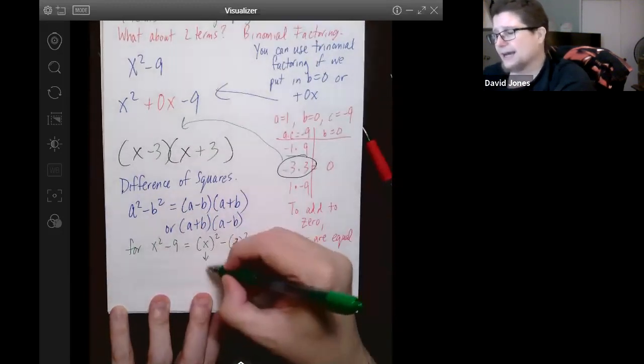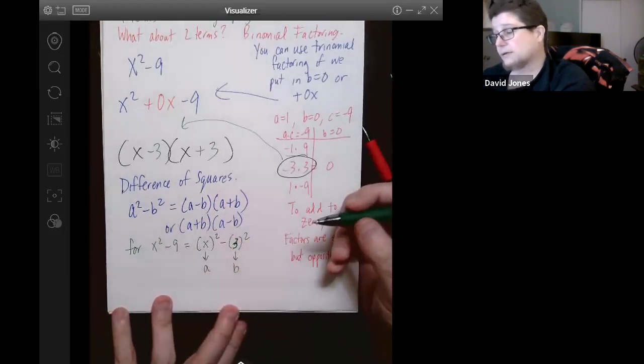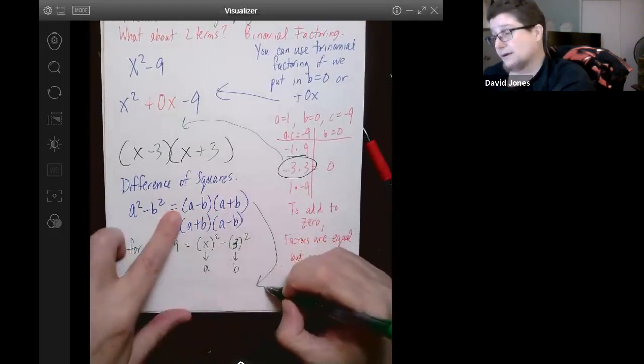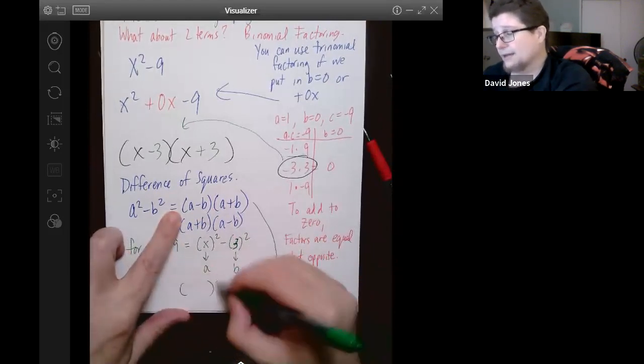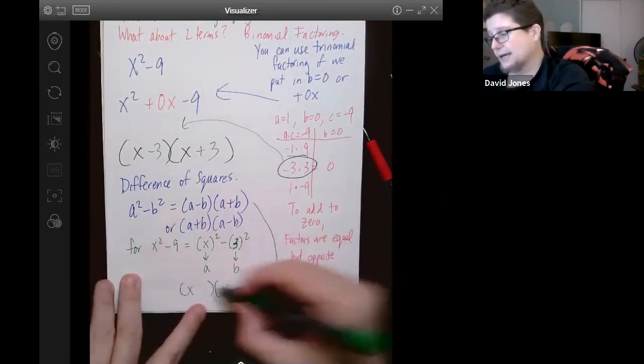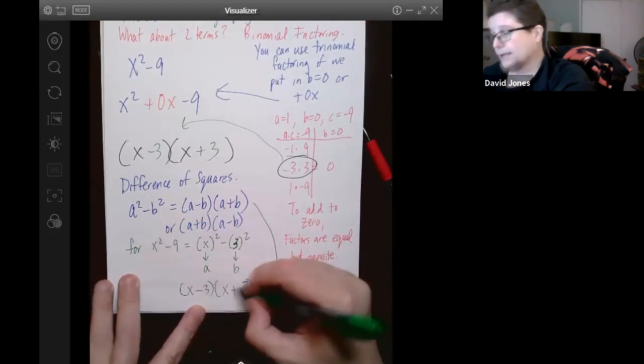And that makes my x a and my 3 b. So I put the a in the front, which is x, and I put the b at the end, which is 3, and I just use different signs in between.